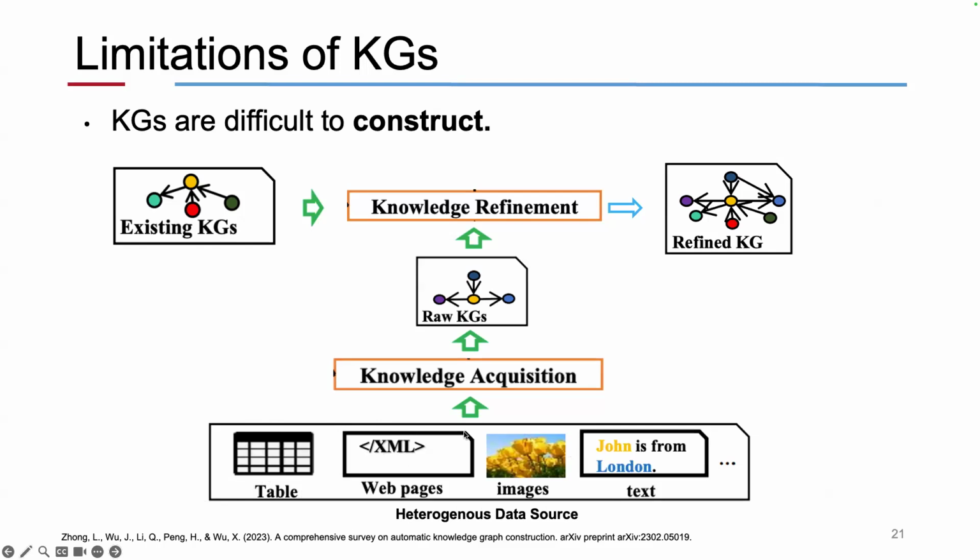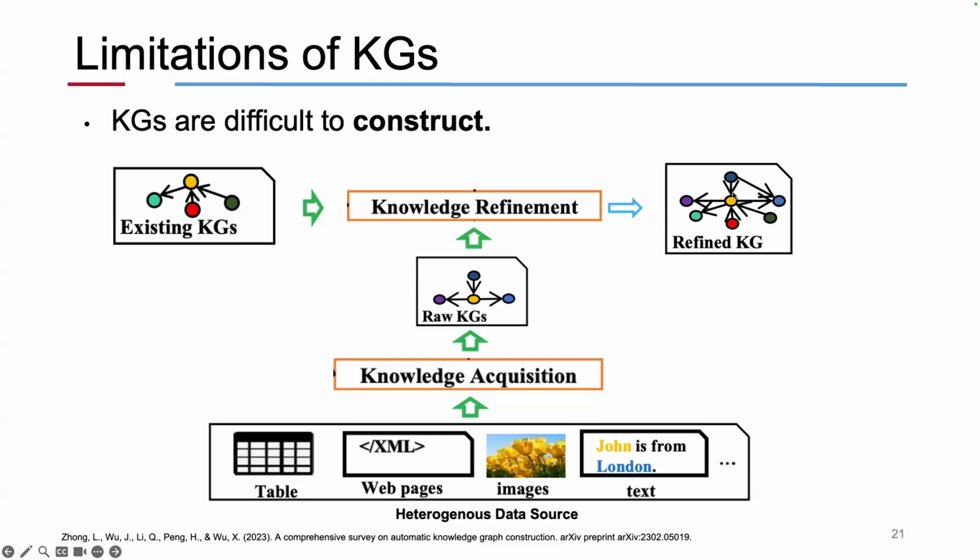Then we require knowledge acquisition steps, which basically extract the entities and relations from this kind of data. And finally, we get a raw knowledge graph. This raw knowledge graph may not be perfect, so we may need to further refine it to get a refined knowledge graph.